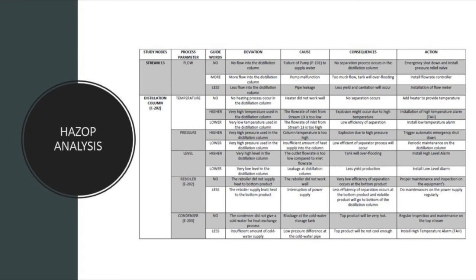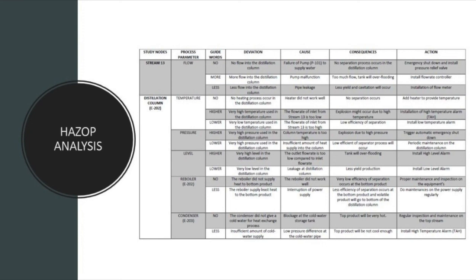For stream 13, the process parameter is the flow, and the cause, consequences, and action are listed in the table as shown, while for the distillation column, the process parameters involved are temperature, pressure, level, reboiler, which is E202, and condenser E203, with the cause, consequences, and proper preventive action stated in the table as shown.